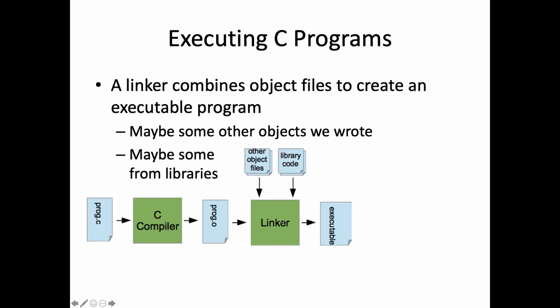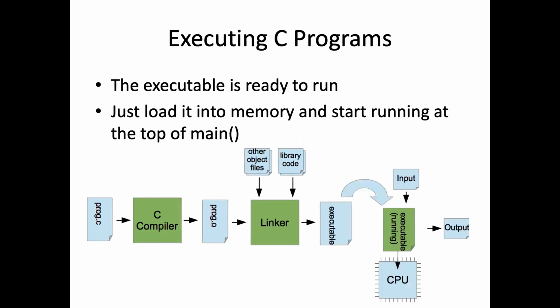It's code for all the functions in that program that are already compiled to the native instruction set that's understood by your processor. Which means when it's time to run your program, you just have to load it into memory and start running at the first instruction in main. As your program is running, it could read input either from files or typed by the user.